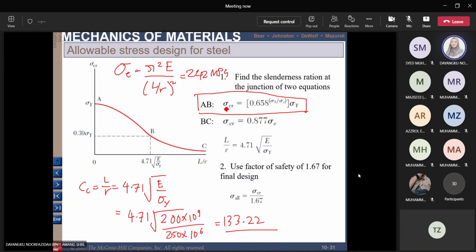Alright, so now you can calculate your critical stresses.